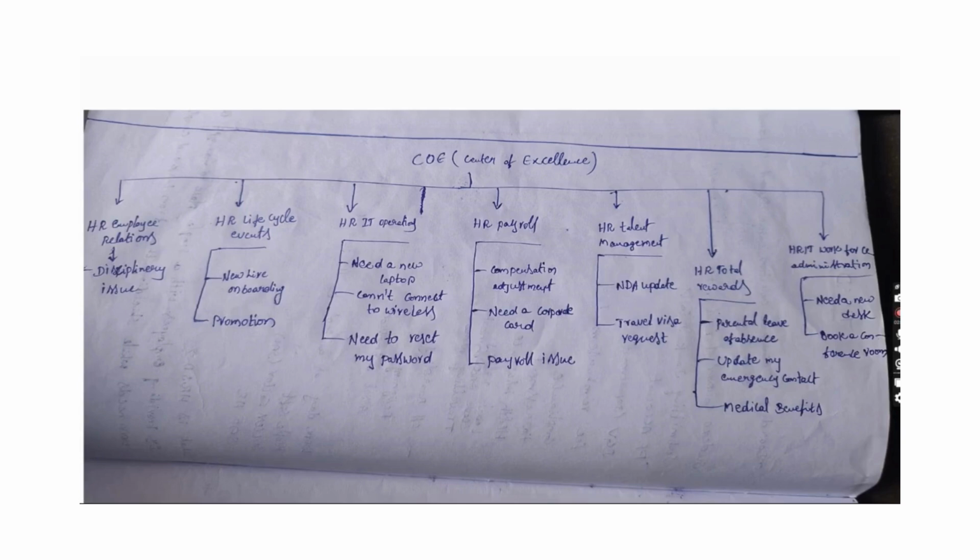Coming to this place, that is the COE. COE is a Center of Excellence. What is the center of excellence? Simply to say, it is an extension of the HR case table, and it is organized around functional disciplines.